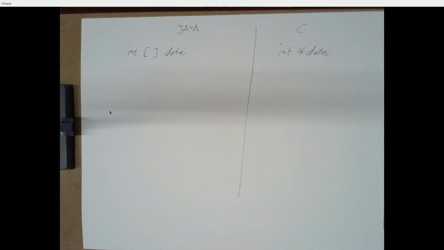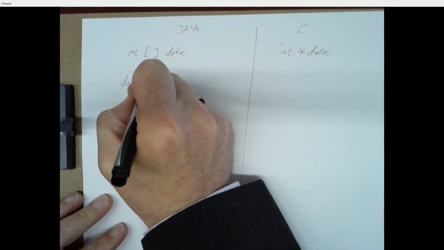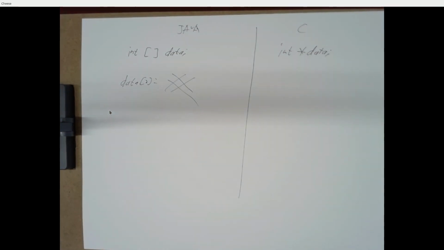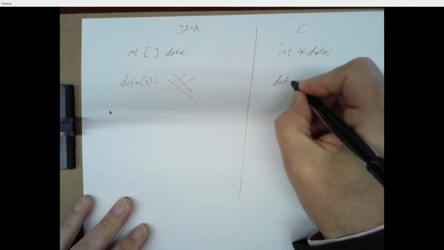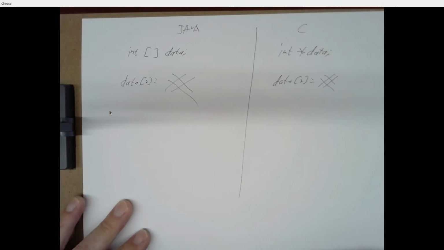We're declaring what type of variable data is, but we're not giving it a value yet. We're not initializing it. So at this point, if I try to say data bracket 2, I'm going to get an error because data hasn't been initialized yet. Just like over here, if I say data bracket 2, I'll get a seg fault.